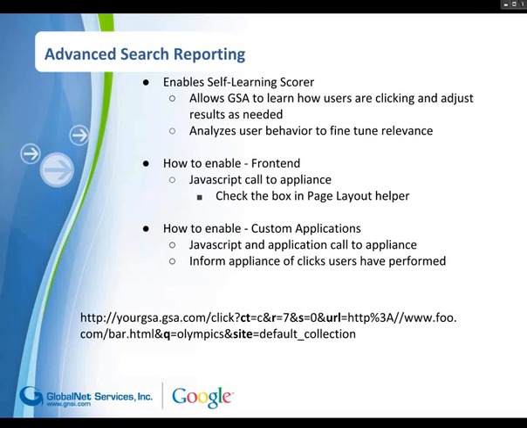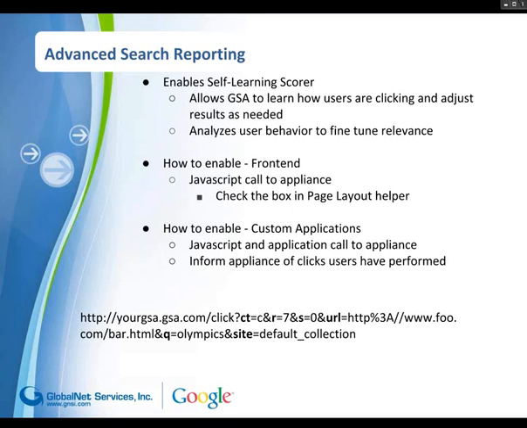We'll know that ASR is being used, or if the GSA is recording ASR, based on the numbers that are showing for the rank of result and page of result. If we're using a custom application, we want to make sure that we pass this information back to the GSA.